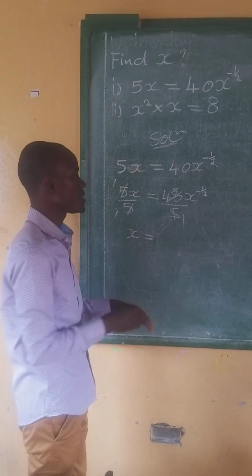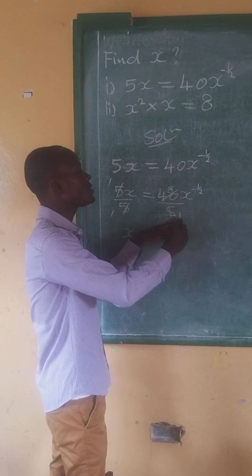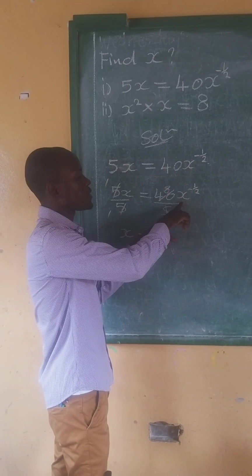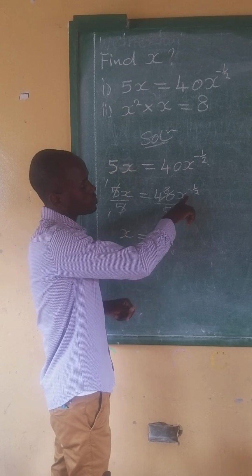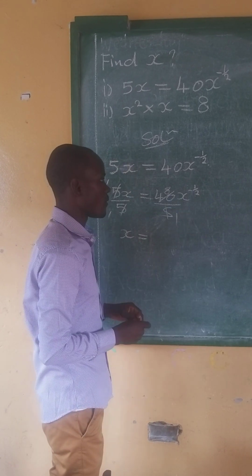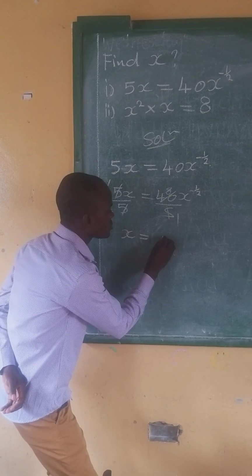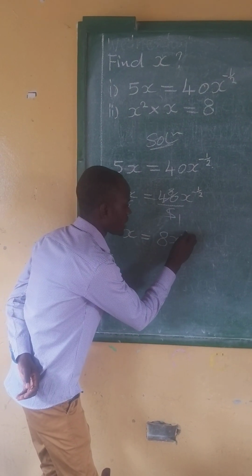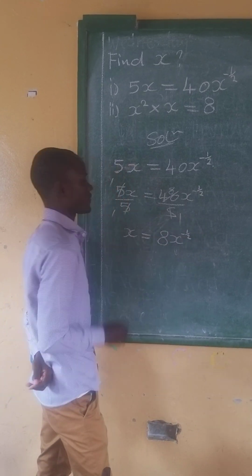Meaning we remain with 1 into x, which is x, equal to 8 multiplied by x to the exponent of negative 1 over 2. So we remain with x equal to 8x to the exponent of negative 1 half.